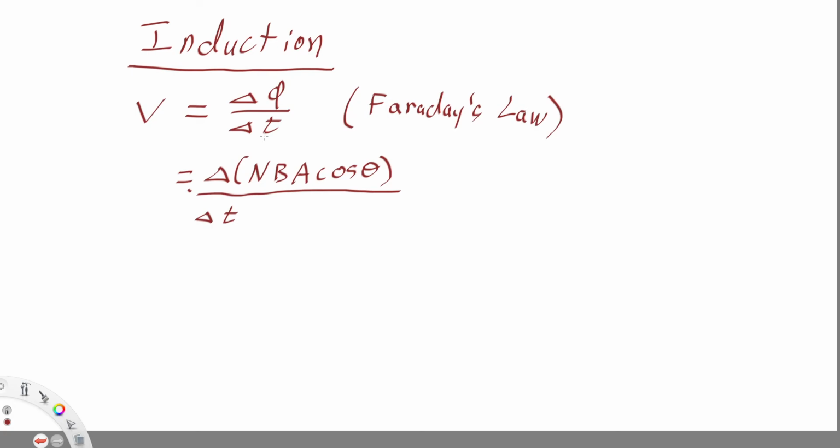In practice, it is hard to change the number of coils, or the number of loops in a coil. It is hard to change the area of the coil. And if we're using permanent magnets, right?